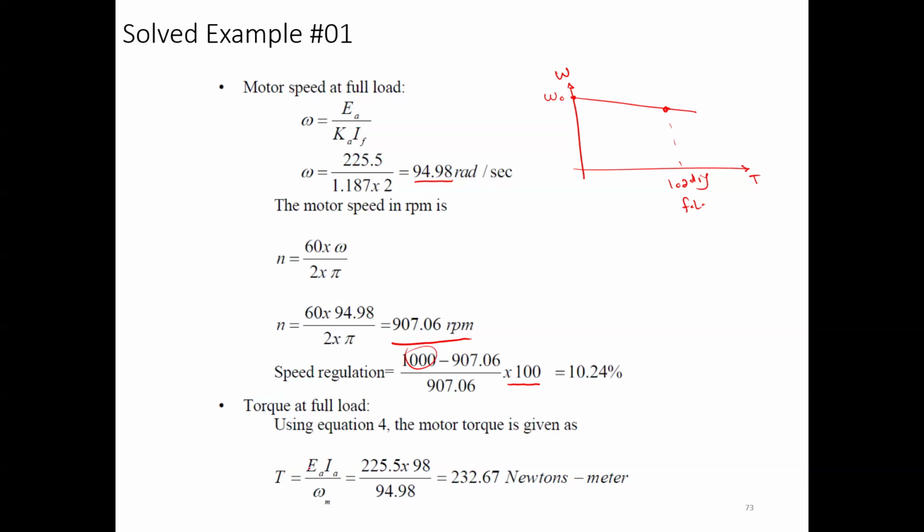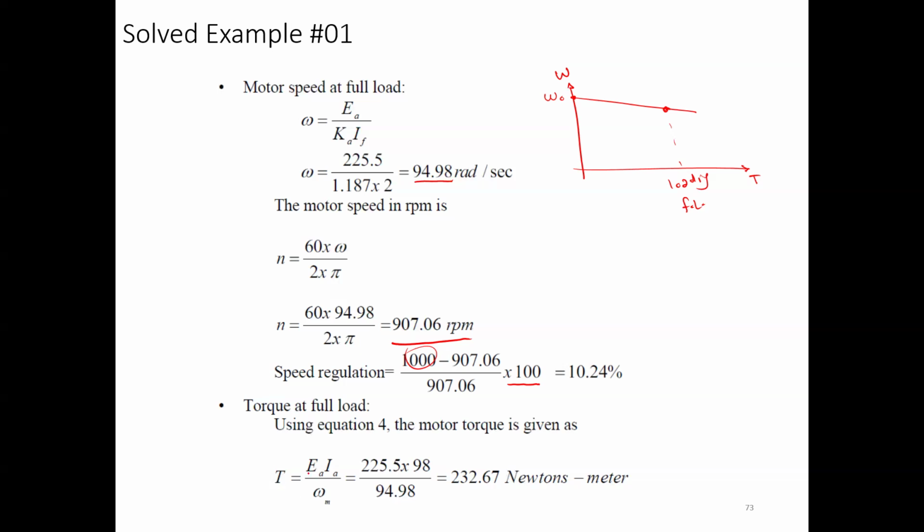And again, guys, this is not the output power because you have some losses on the field winding. We consider these losses right here on the field winding. So the 25K is the input power, not the output power, so we cannot use it to get the torque. If it is output power, you can use it to get the torque.